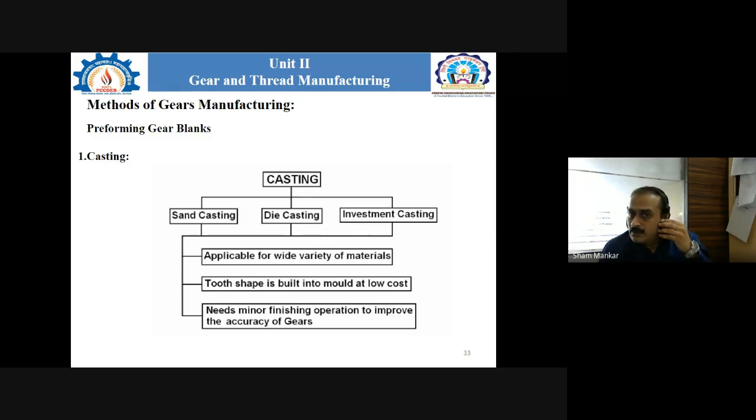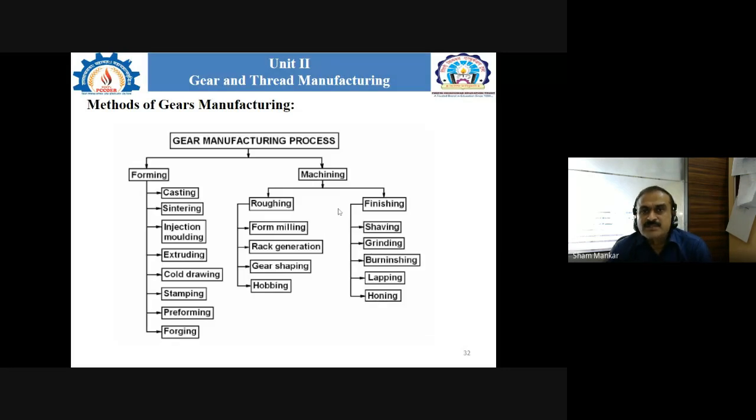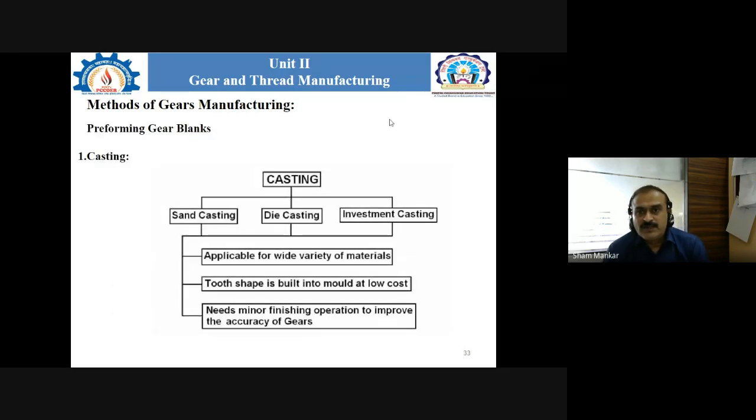Okay. So the first process, suppose we are considering under the forming process, is the casting process. We know there are different kinds of casting processes, as we saw in the last lecture.